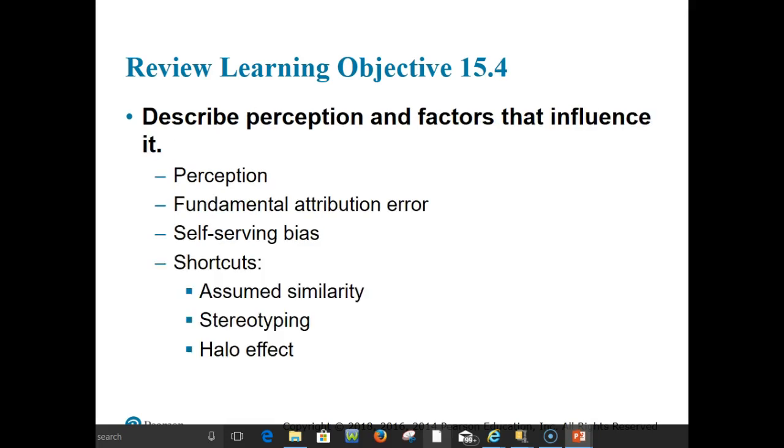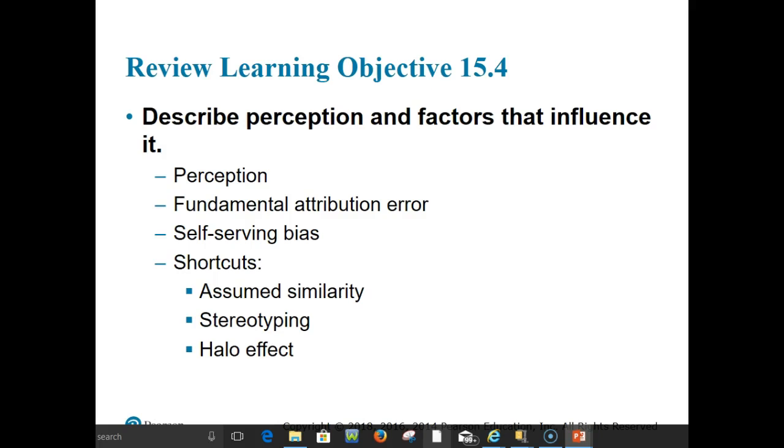And in review of our fourth learning objective, perception is how we give meaning to our environment by organizing and interpreting sensory impressions. Because people behave according to their perceptions, managers need to understand it. Attribution theory depends on 3 factors.